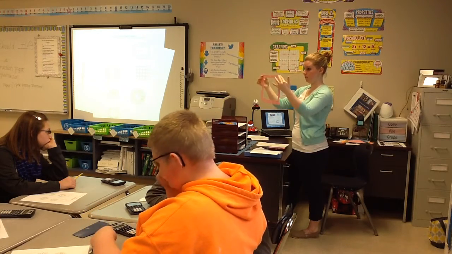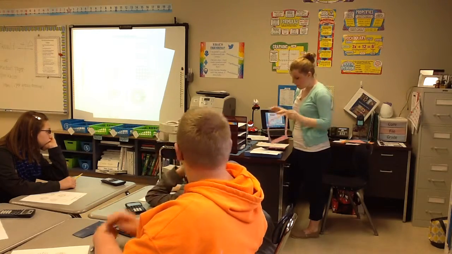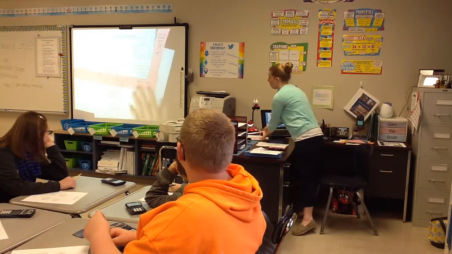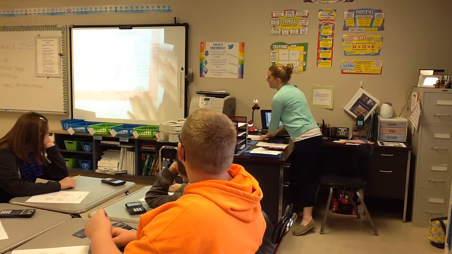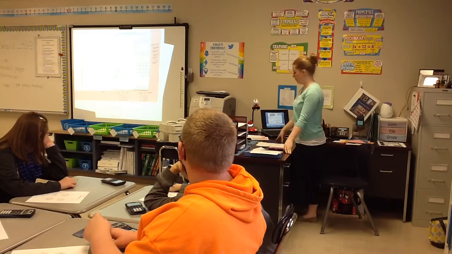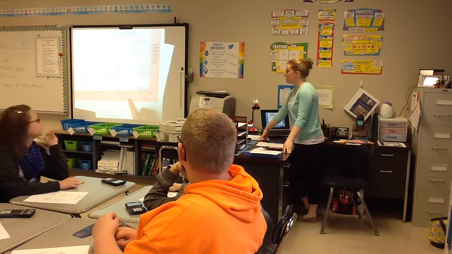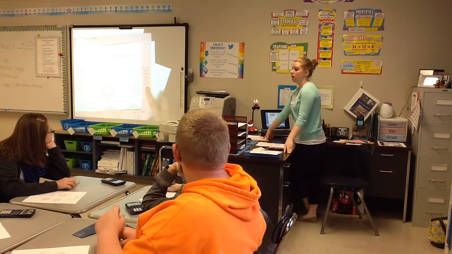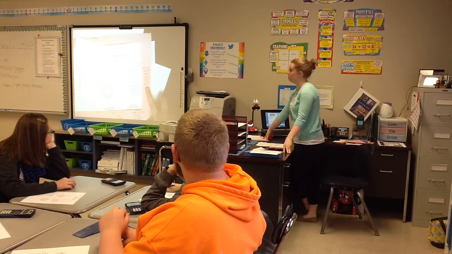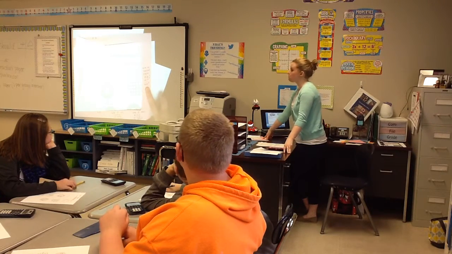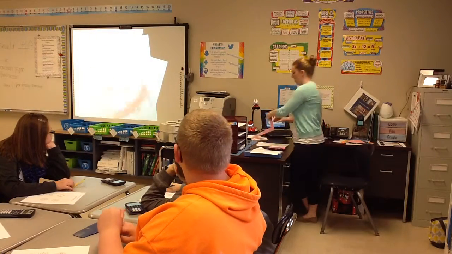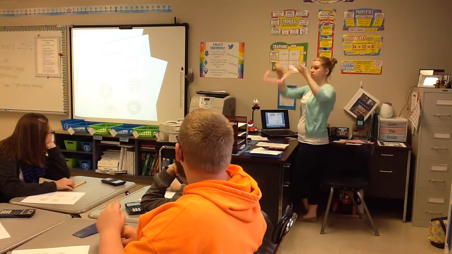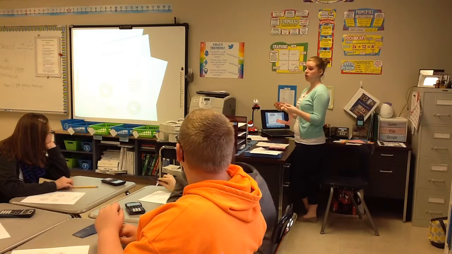Make sense? Okay? Then, I don't know that you can see from far away, but on my rectangle, I solved my problem too. I found the area of the big rectangle, the area of the small rectangle, and then found the area of the shaded region. I put that all on my rectangle, found my answer, and I'm pretty much done.